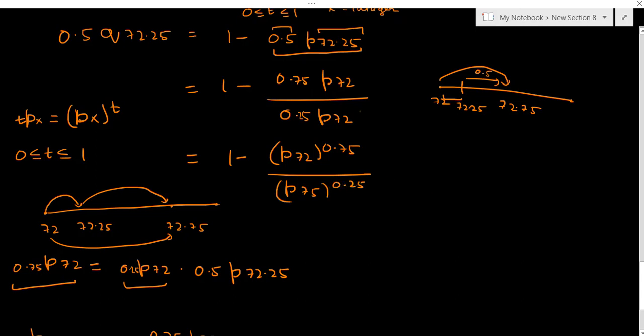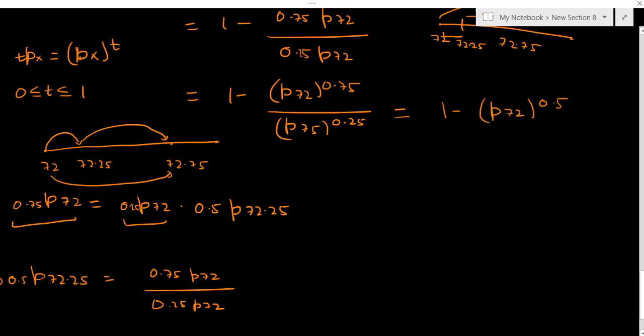Since the bases are the same, I can just adjust the powers, so it just becomes p 72 to the power of 0.5.